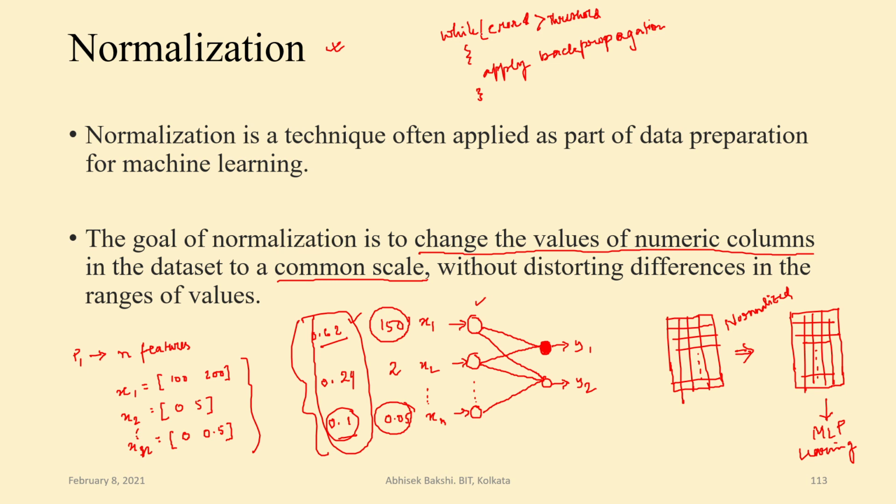So after 1,000 times the loop will run, then what to do? We should feed the first pattern again.